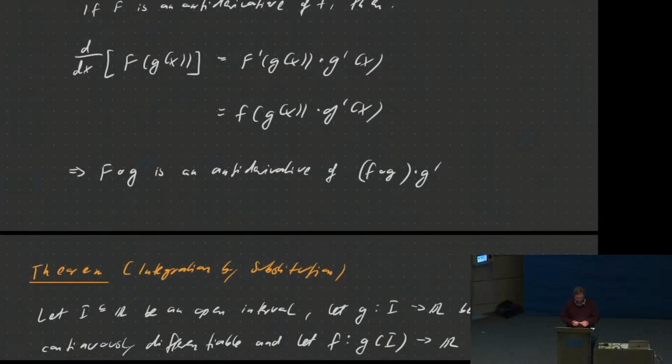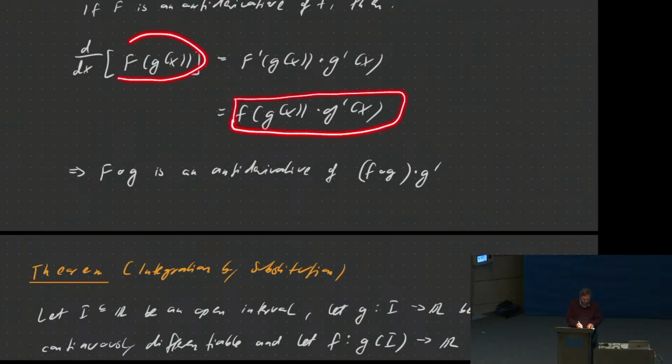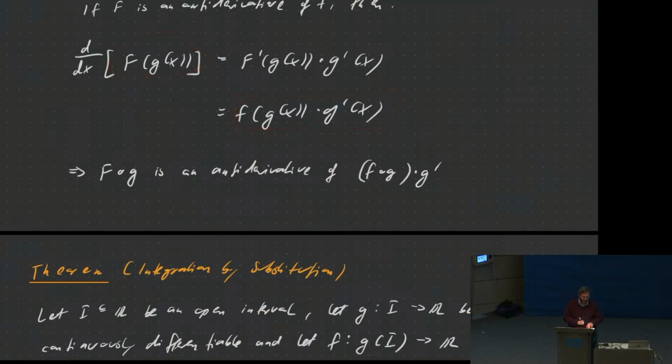Right? And in other words, that means you can integrate an expression that looks like this, and the integral is that. So basically, you just have to integrate this outer function, this f function here, if your integrand looks like that. The hard thing about this is, of course, to identify the correct functions f and g, and to notice there is something like a g prime at the end of this expression.